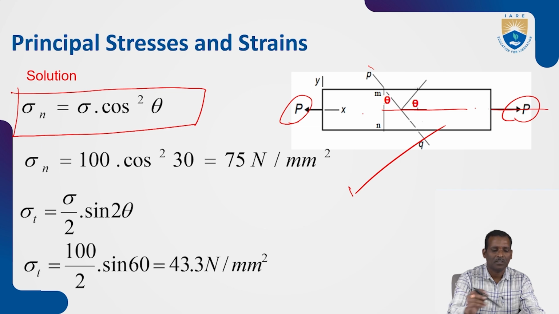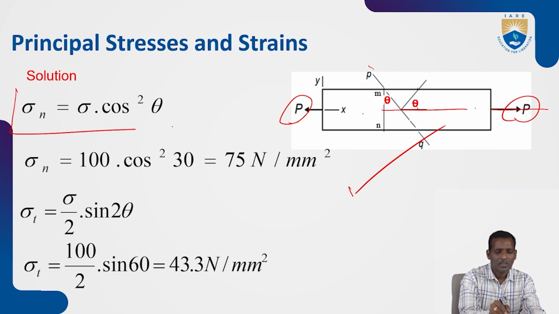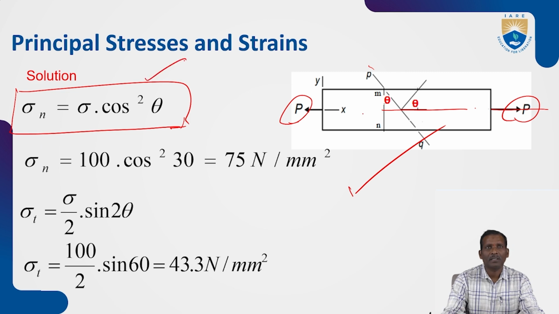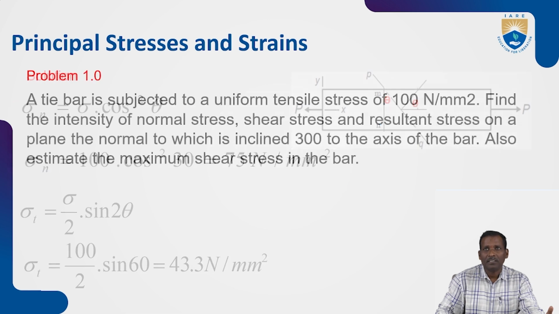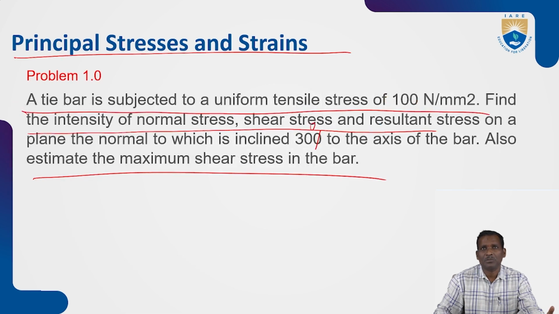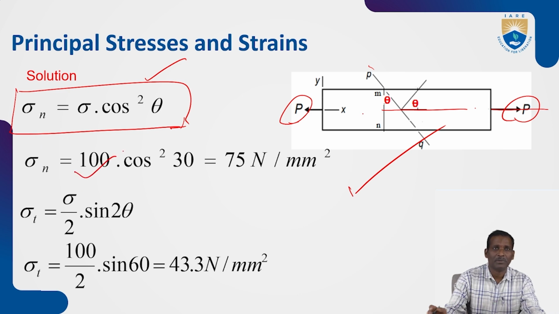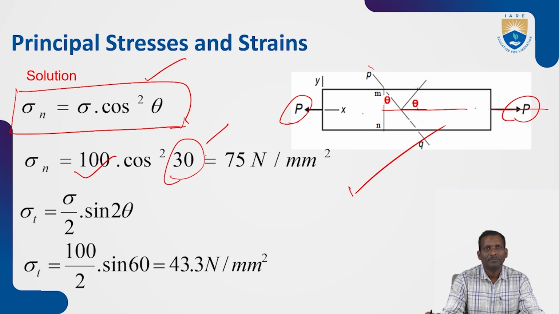The normal stress sigma n is equal to sigma into cos square theta. Here sigma is 100 Newton per mm square, the uniform tensile stress, into cos square 30, where theta, the inclination angle, is 30.